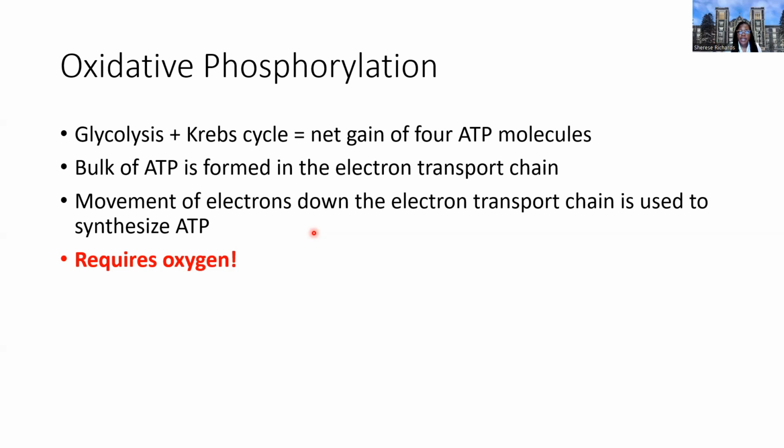So that is another significant difference between substrate level phosphorylation, which can make ATP in the absence of oxygen. We can also call that anaerobic glycolysis for that reason, because it doesn't require oxygen, versus oxidative or aerobic respiration, which is what requires oxygen.